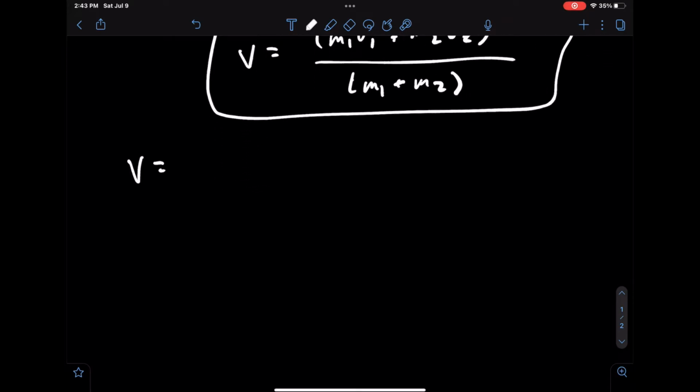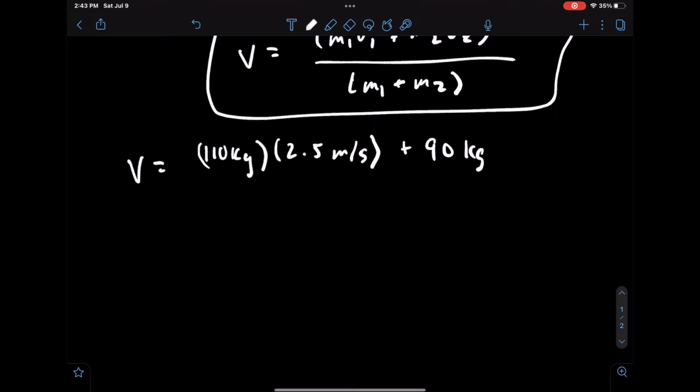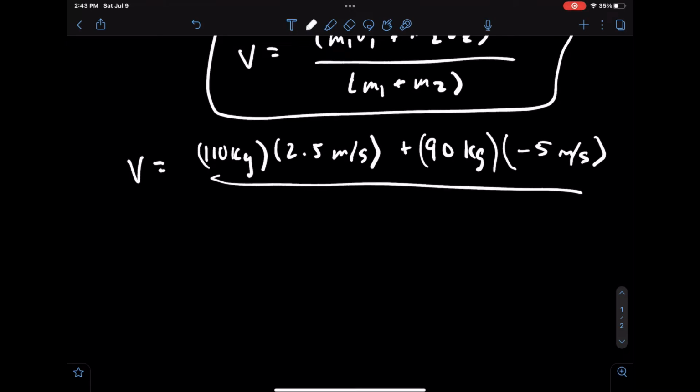V will equal M1, which is 110 kilograms, times U1, which is the initial velocity of train A, 2.5 meters per second, plus the mass of 2, which is 90 kilograms, times negative 5 meters per second, over 200 kilograms.